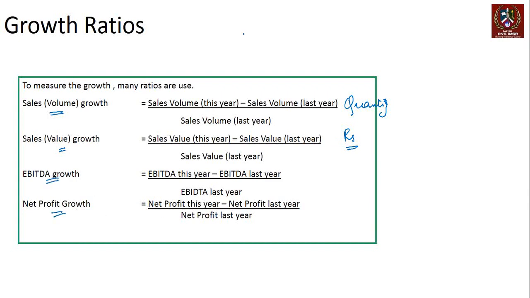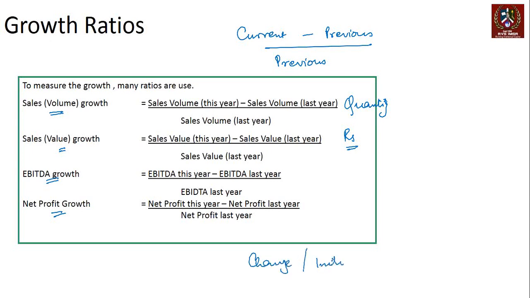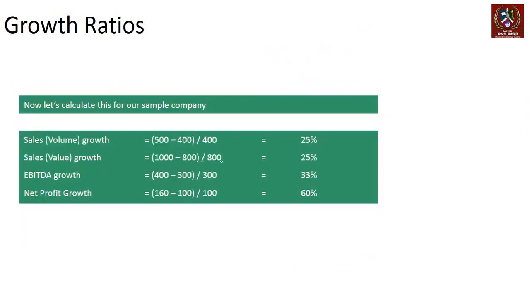Each of the numbers is the current number minus the previous number, whatever period you're looking at the growth at, and divided by the previous number. In other words, change that you have divided by the initial starting number that you started with. Let's calculate that.